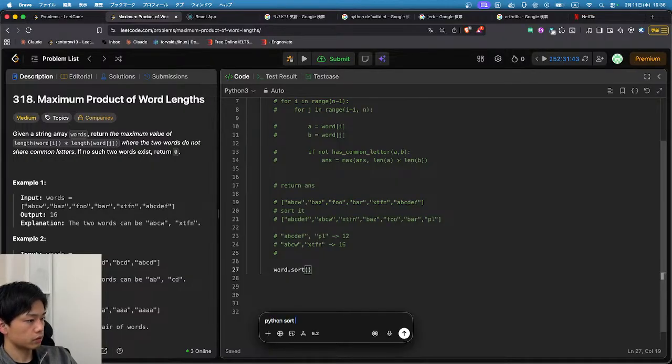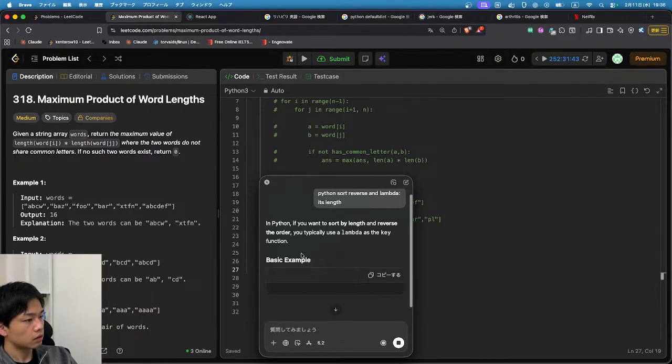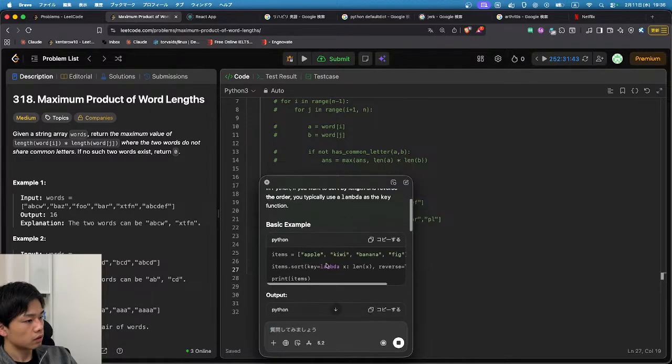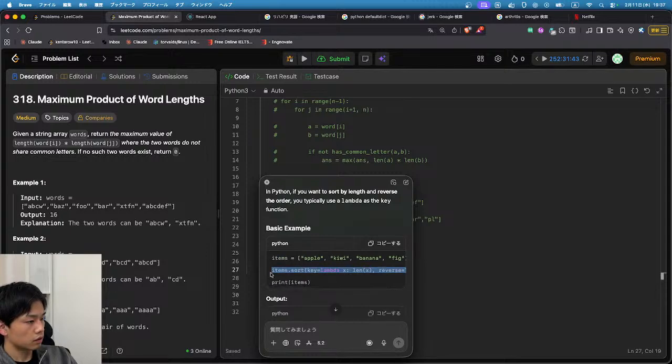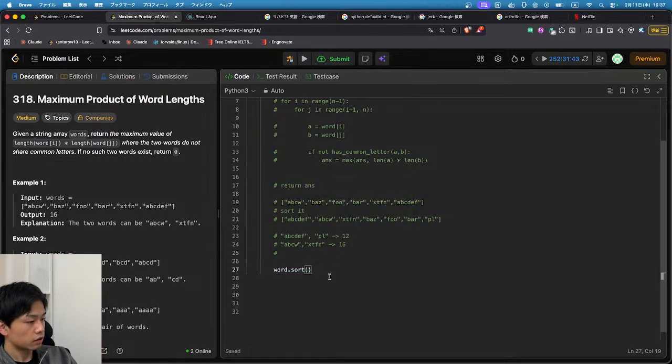Python sort. I forgot the syntax. So sort it by its length, and reverse it.